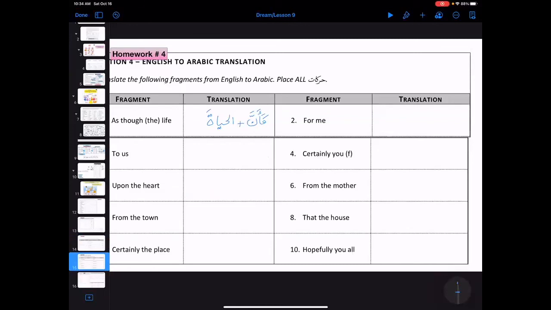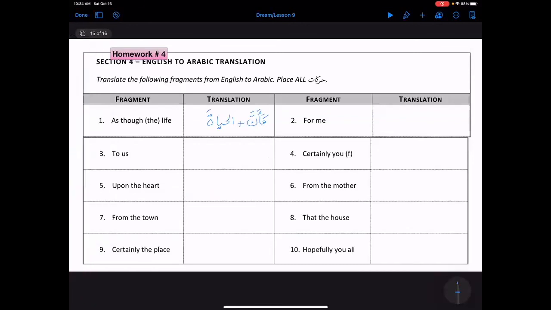And now I'm interested over here. You are going to translate it into Arabic. Okay, so what is the translation of 'as though'? What harf did we learn today meaning 'as though'?